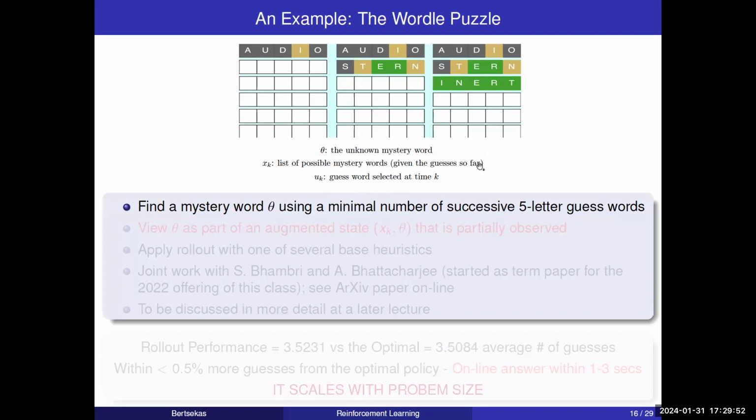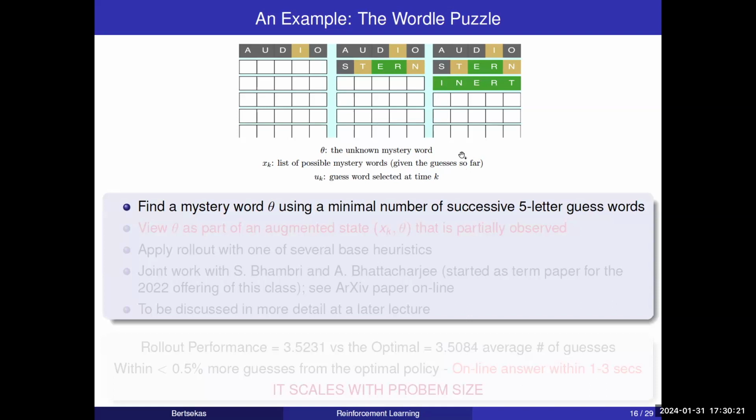Now, with each word that you choose, you get some feedback about the commonality of letters from the guess word to the mystery word. And this feedback is used to select the new guesses. So it's a problem of sequential estimation. You make a guess, and then according to the results of this guess, you do some estimation and get a new guess and so on.